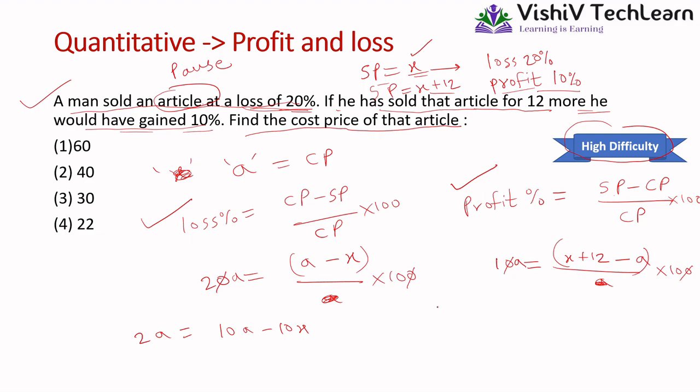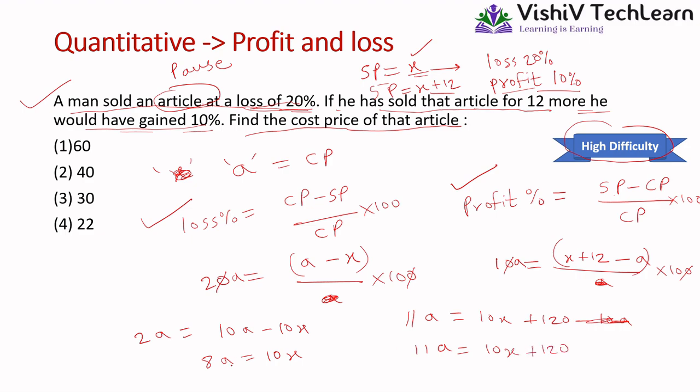And on this side it will be 10X plus 120 minus 10A equals A. Let's send this A to this side, so 10A plus A will be 11A, and 10X on this side and 2A on this side, so it will be 8A is equal to 10X, correct?